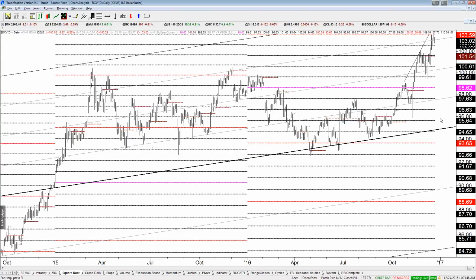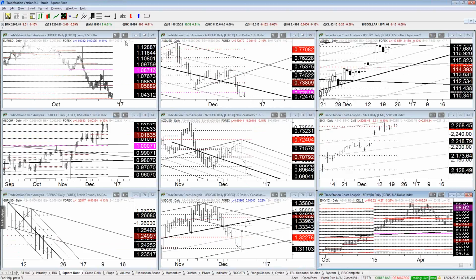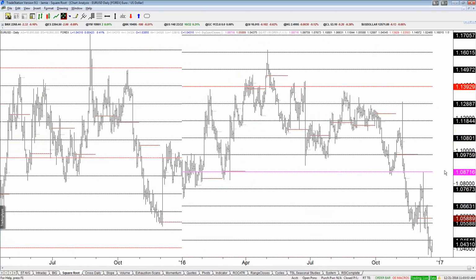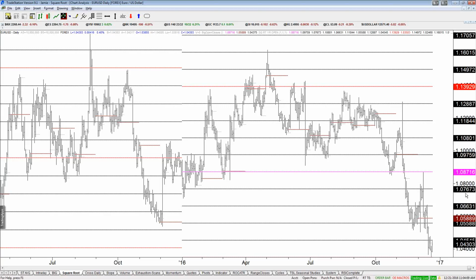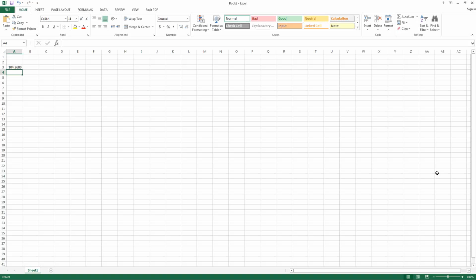And if we look at euro, for example, let's look at euro. So euro, you're looking at 108.72 as the year open. So we're going to take 108.72, the 0.5 power gives you 104 pips.